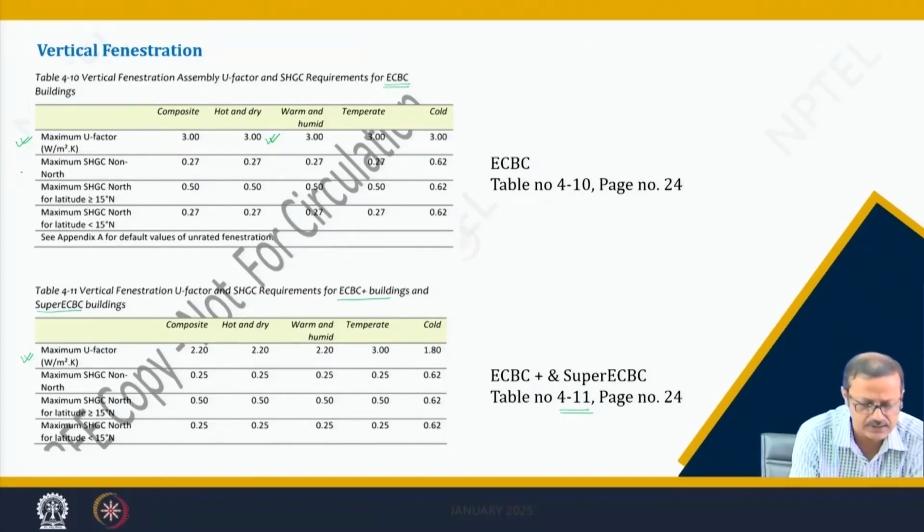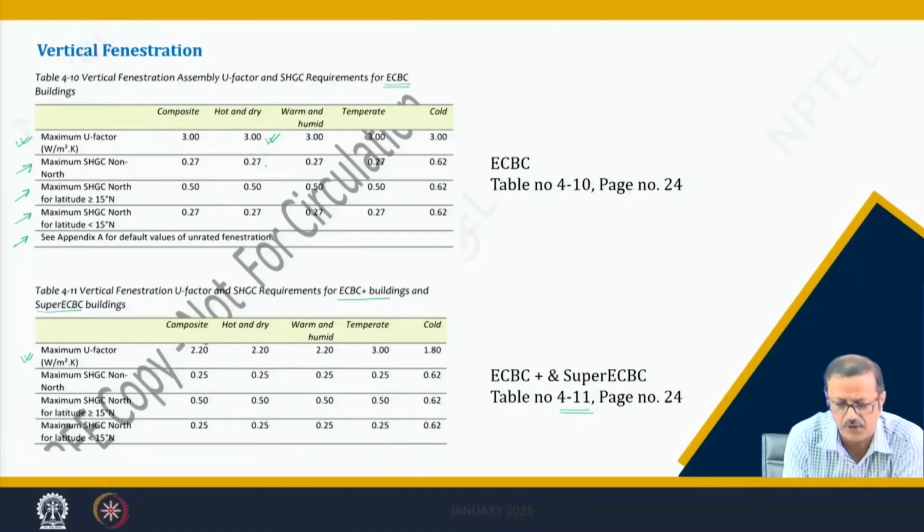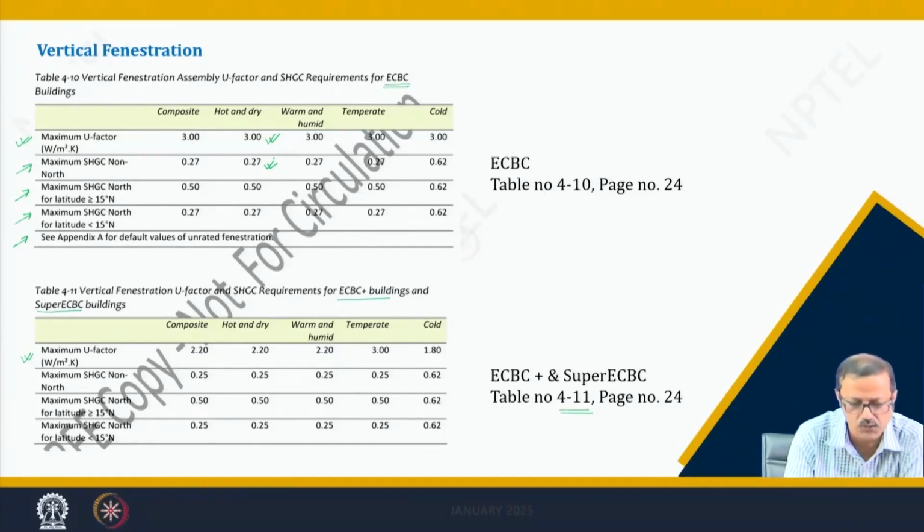SHGCs are given in these four rows. Here the first row, the maximum SHGC, non-north means the south, east and west. So, that recommended is 0.27 for hot and dry. But these last two rows are for the north.